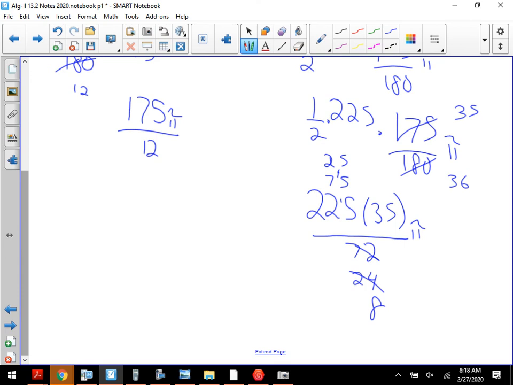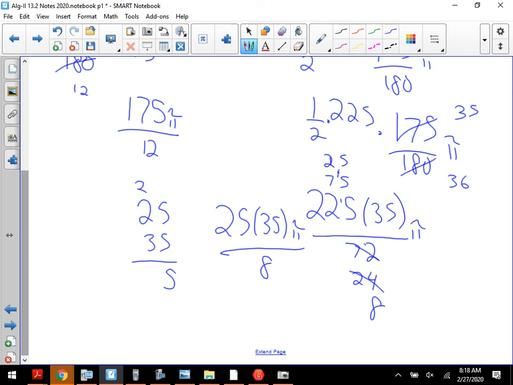So now I have 25 times 35 over 8. So now I'm pretty much done simplifying, so all I have left to do is multiply the two numerators together. So I have 875 pi over 8.